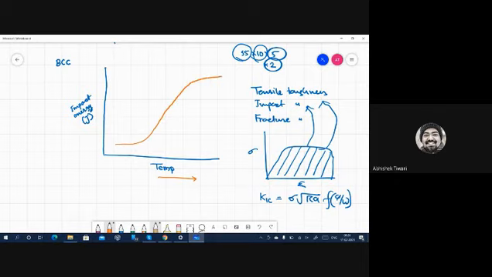For FCC, you might get something like this, so not much change. For HCP also, you might get a straight line, so it's not changing with temperature. Why does it happen in BCC only that there is a change in the energy absorbed with a rise in temperature?